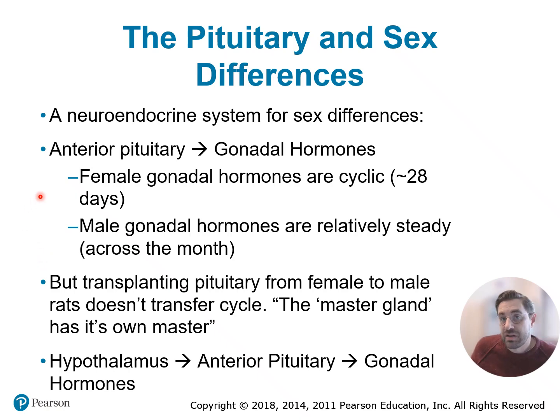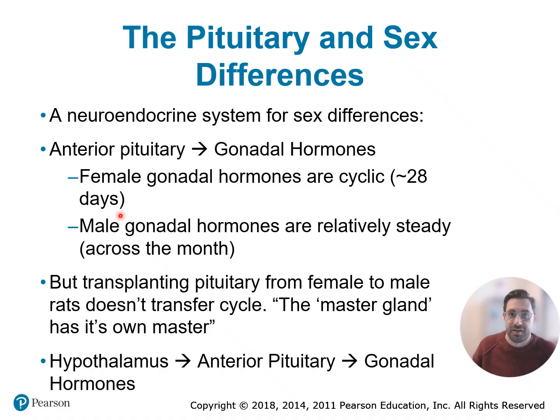So let's think about how this might work for sex differences in terms of hormone release. The anterior pituitary is going to send signals, tropic hormones, right, that are going to activate the gonadal hormones. In females, the gonadal hormones are cyclic, right? They follow about a 28-day cycle.